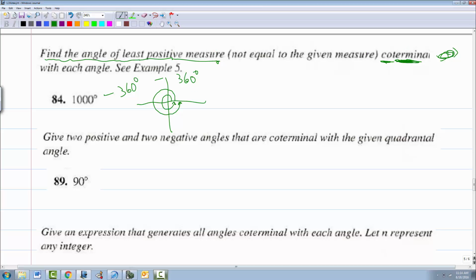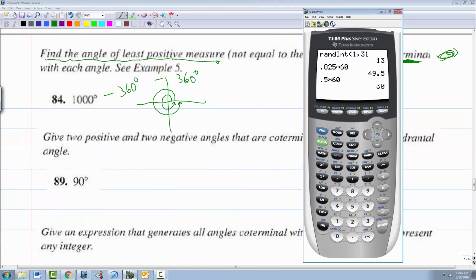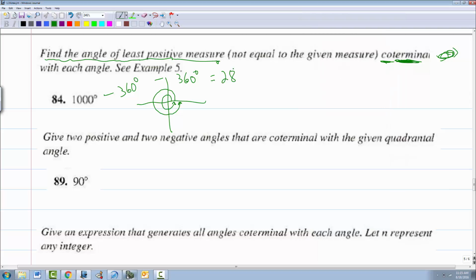So when I subtract, I'm going to go ahead and do that here. One more. Lightning fast with the calculator. 280. Now, why do I stop there? Because 280 is less than 360.